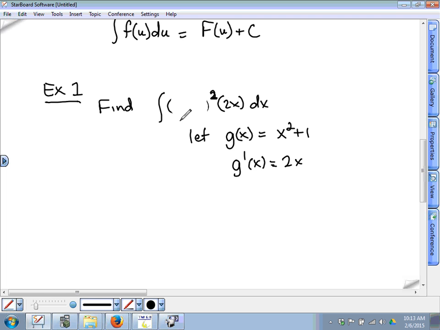So if we just kind of imagine that inner function wasn't there and it was blank, how would you find the integral or the antiderivative? You change this to a power of 3. You put it over 3. Okay. So it's going to be x squared plus 1 to the third power over 3.